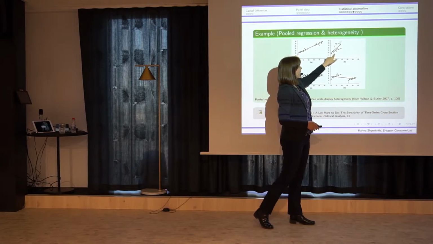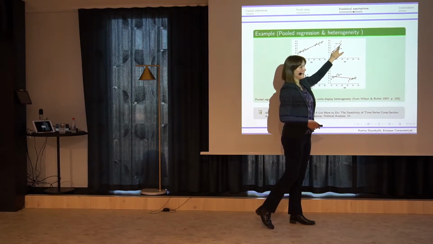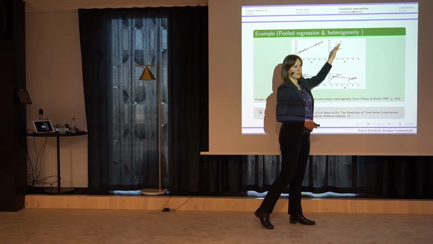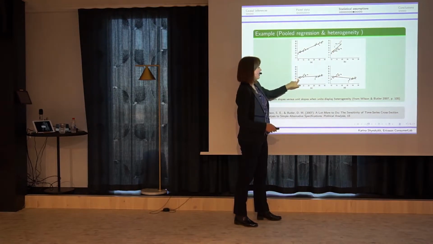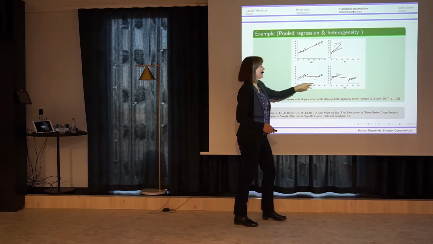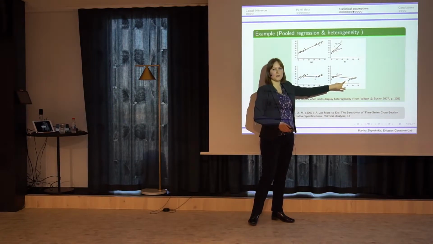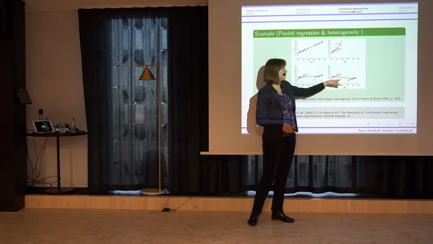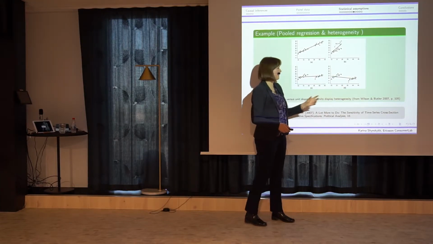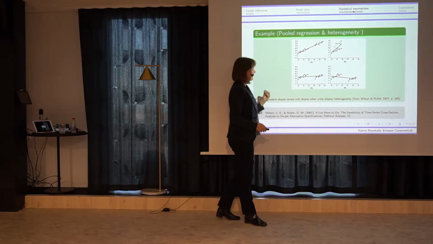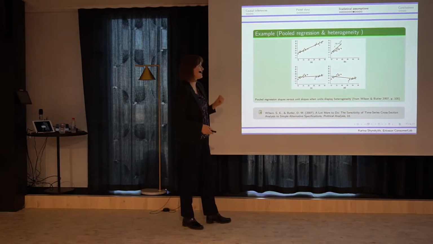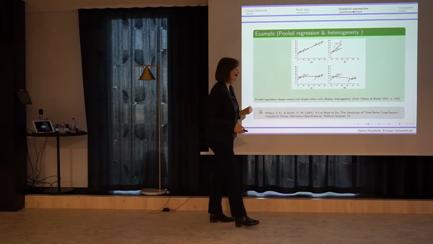Here, it overestimates because you can see the individual effects, right? Here, it underestimates the effects, and here, it gives you a completely different picture from what you actually have in your data. Therefore, you need to understand whether you have this issue in your data, whether it is very heterogeneous or homogeneous data.